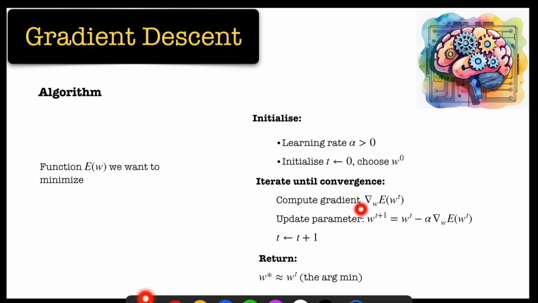We'll compute the gradient of this error or loss function with respect to W. Then we'll update the parameter, Wt plus 1 equals Wt minus alpha times this gradient. Then we'll increment t. We'll do this until convergence. After convergence, this error or loss function will be minimum, and for that the argmin will give Wt. So that will be our return value. That's how we'll get a proper weight for our model.